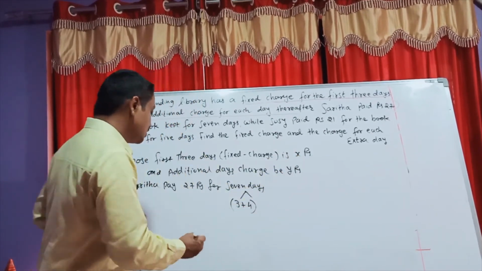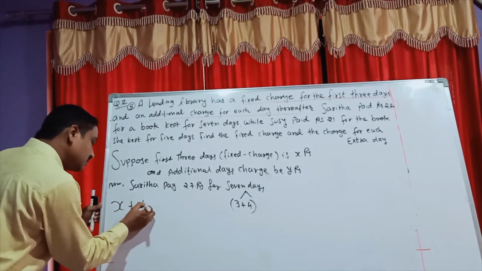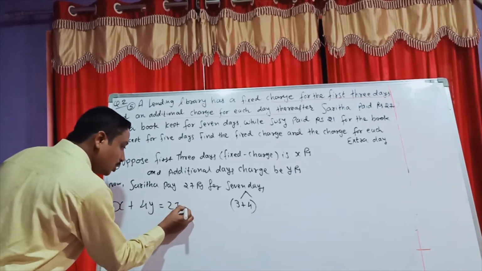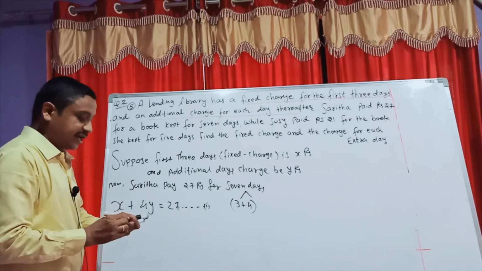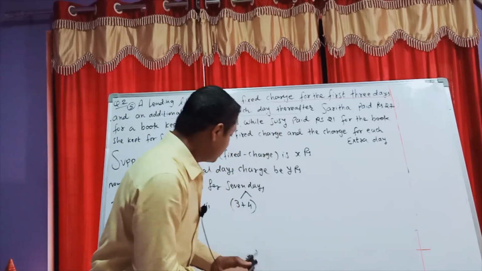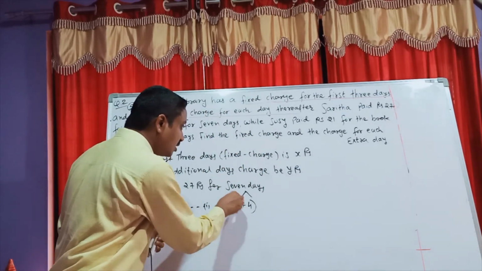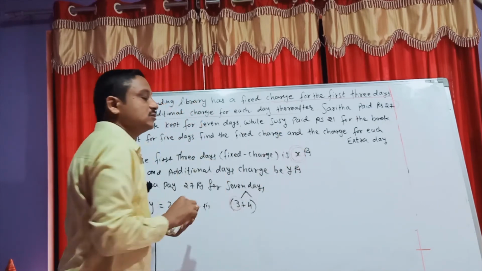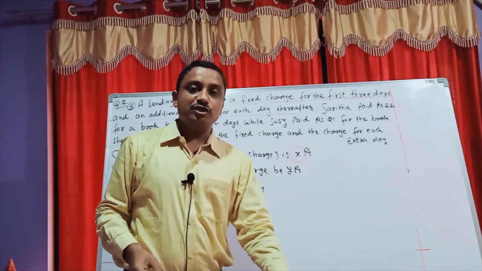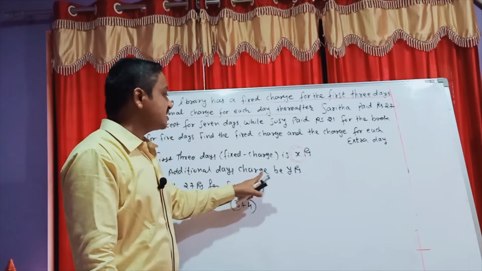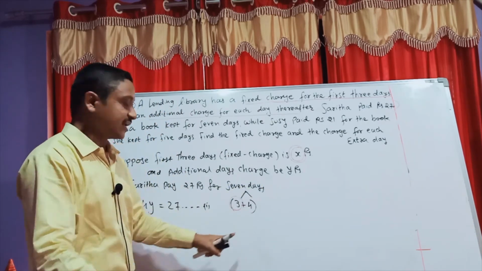The fixed charge I take as x. So x plus 4y is equal to 27. Again I explain, students: the 3 days is fixed, that is called x, so you don't write 3x. It is only x. The additional charge y applies for 4 extra days.